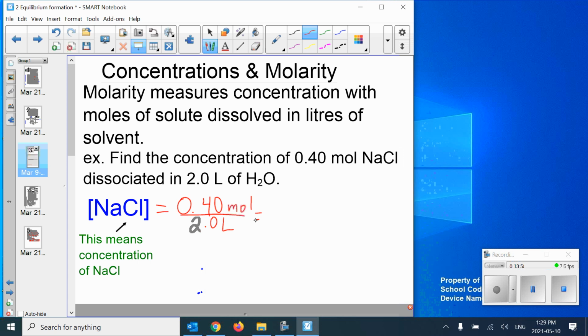So 4 divided by 2 is 2.1 decimal. Now, I can write down moles per liter, and I actually do quite often. But if you want to abbreviate that, the same answer is equivalent.